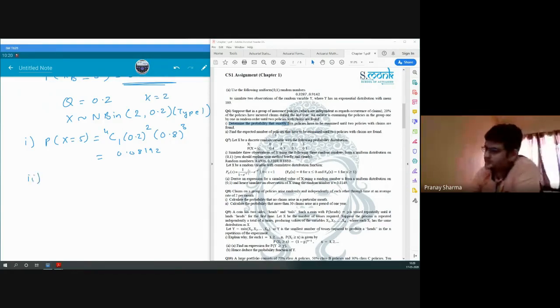What's the second part? Find the expected number of policies that have to be examined until 2 policies with claim are found. So again, this is negative binomial. So we just need to find the expected value. Expected value for a negative binomial is nothing but k by theta for type 1.